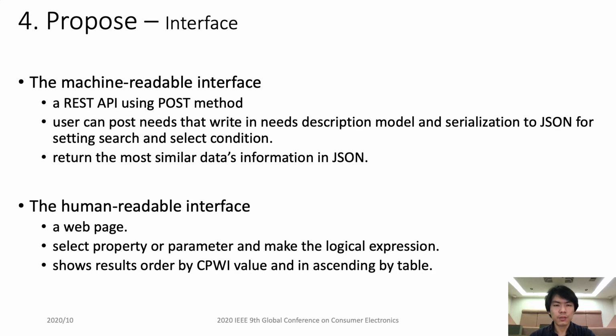It will return the most similar data information in JSON. The human-readable interface is a web page. By this interface, users can select properties or parameters and make the logical expression. It will show results in a table, ordered by CPWI value in ascending order.